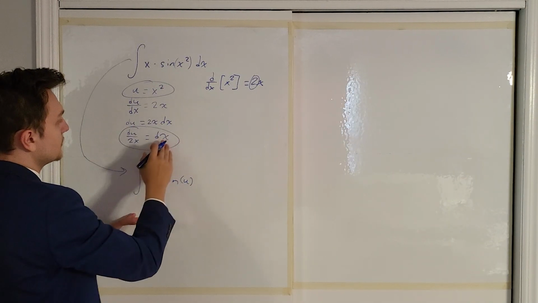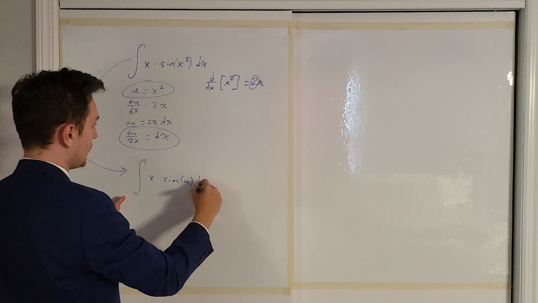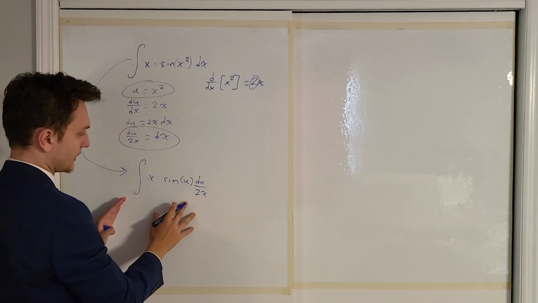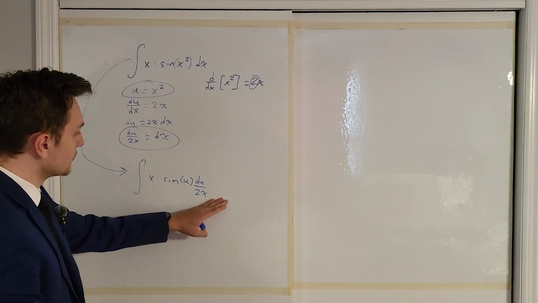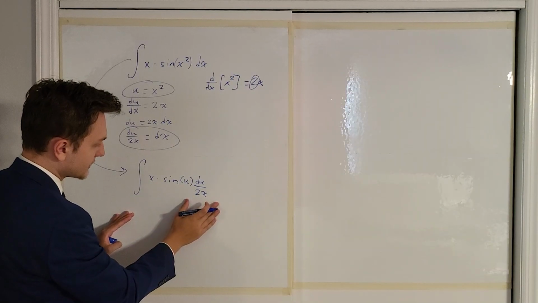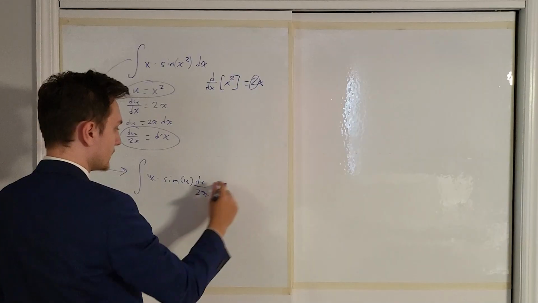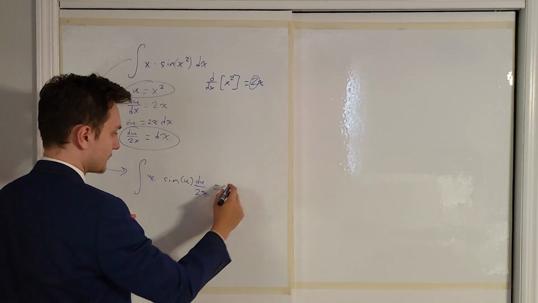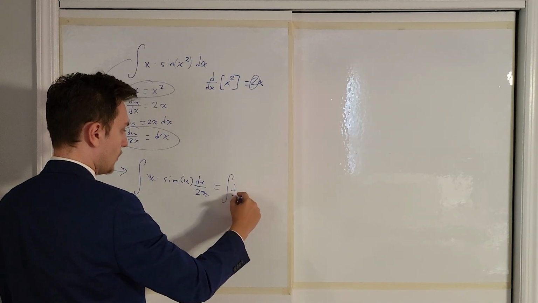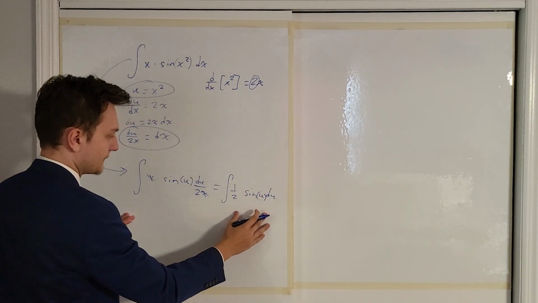And we're going to substitute out our dx for du all over 2x. If you look at what we have here in our integral, we have an x and we have an x in our denominator. So these are going to cancel out, and I'm going to be left with, if I pull my 1/2 over here, the integral of 1/2 sine of u du.